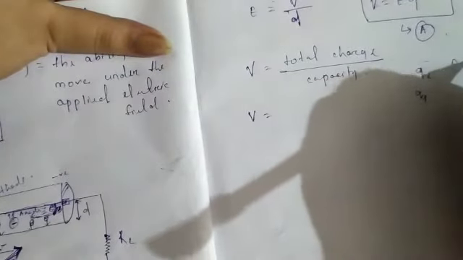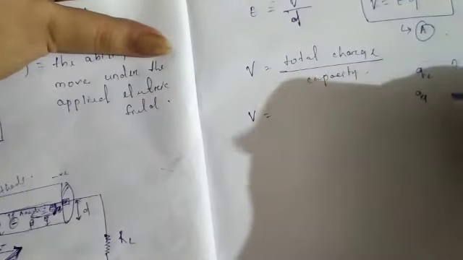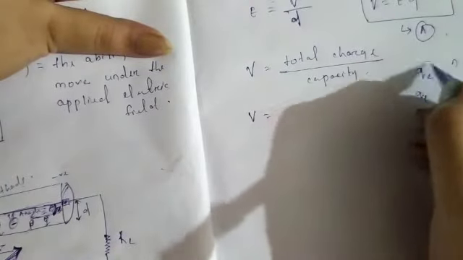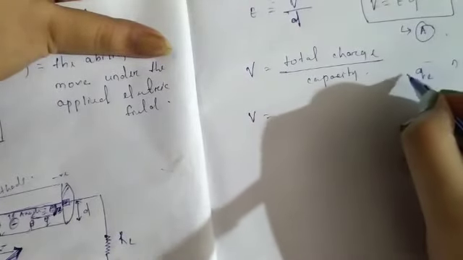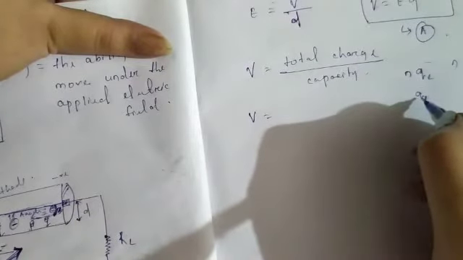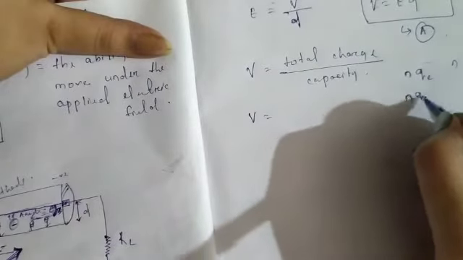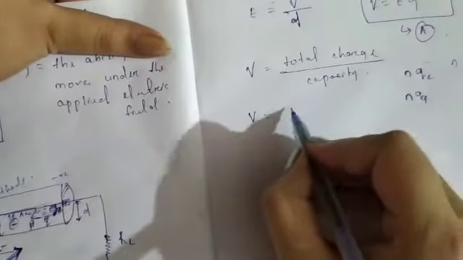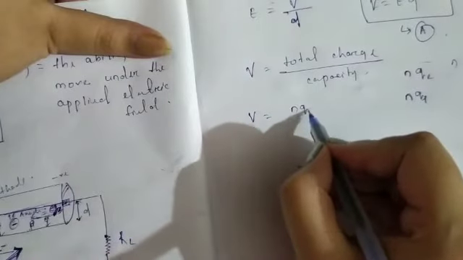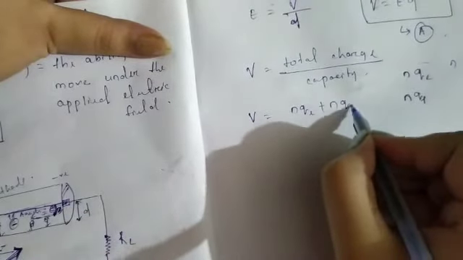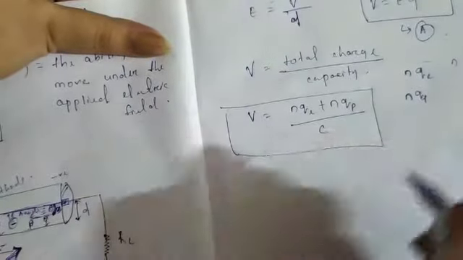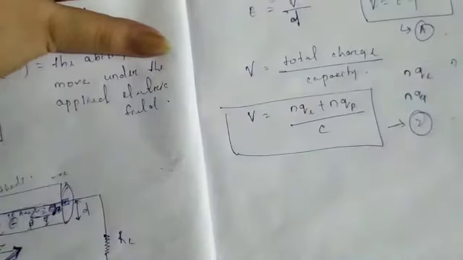Suppose n electrons and n positive ions form. So the total charge of electrons is nQE, and the total charge of positive ions is nQP. So the total charge is nQE plus nQP, divided by capacity, denoted as C. Let it be equation 2.